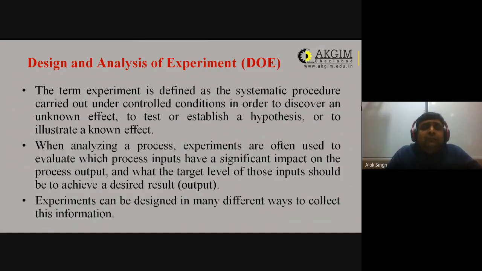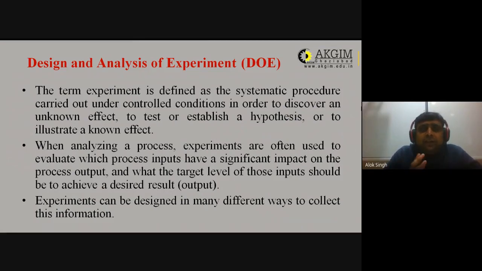So what is that basically? It is an outcome of design and analysis of experiment. It means they are using a fully automated process, and each and every time the customer will get the same type of product. So that is basically the outcome of this design and analysis of experiment.